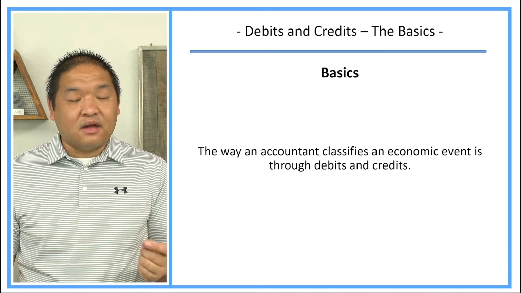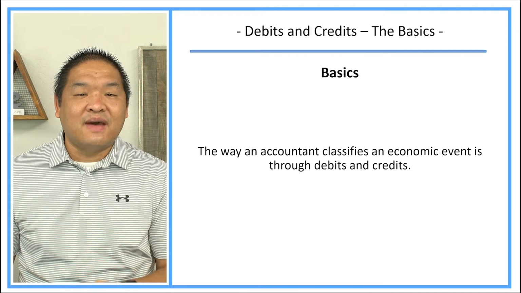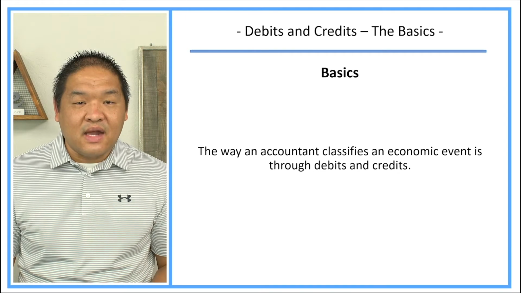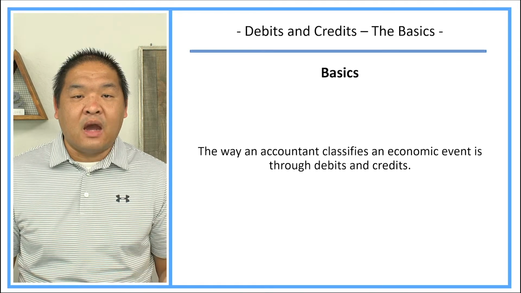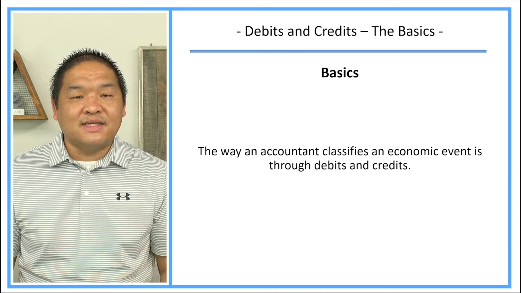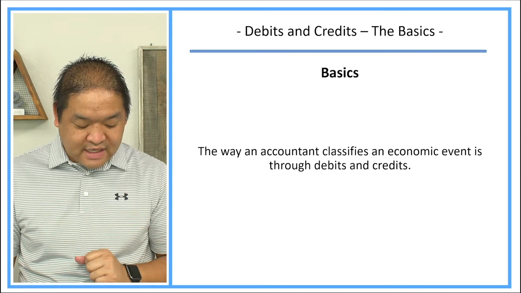Now, the way an accountant classifies an economic event is through debits and credits. So you might have heard debits and credits when you're talking about accounting, when you're talking about reports that you might have received from the accounting department. We use the terms debits and credits as a way to classify those events in the accounting information systems.